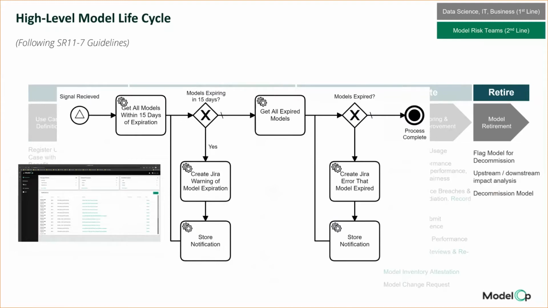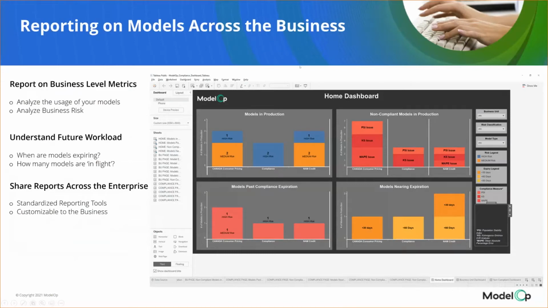And finally, as I started to mention last time, we really do want to also be looking across the entire business at how the models are actually performing out there.